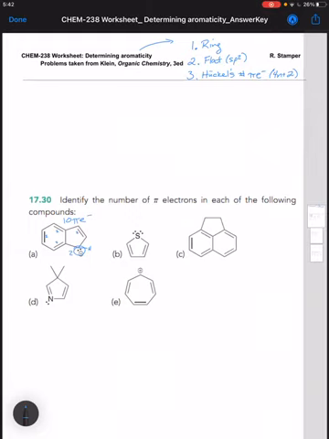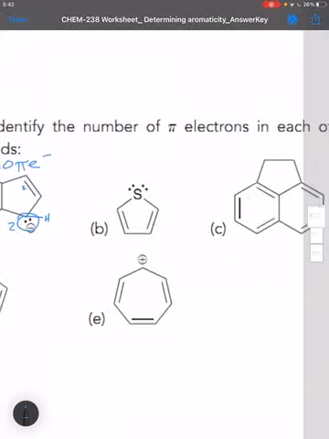Part B is another example here. We've got, zoom in on this, 2 pi electrons for each of the double bonds. That's 4. Again, we look at the sulfur up there at the top and we say, what's its hybridization? Ordinarily, we would say sp3 hybridized, 4 groups of electrons around it. However, in this case, if one of those pairs of electrons was in a p orbital, that would give us 6 pi electrons.